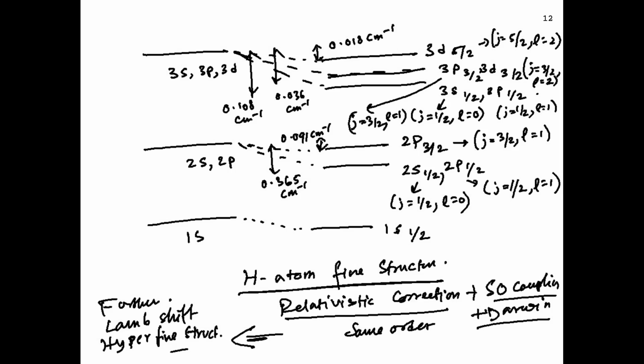When I put all of these together and plug in the numbers, you can show that the 1s level will go to this 1s half, and all these higher levels like 2s, 2p, 3s, 3p, 3d, all these degenerate levels, because of the relativistic effect, the fine structure, will no longer be degenerate.